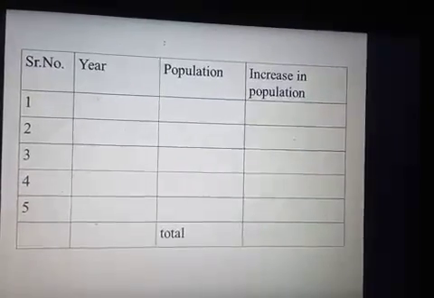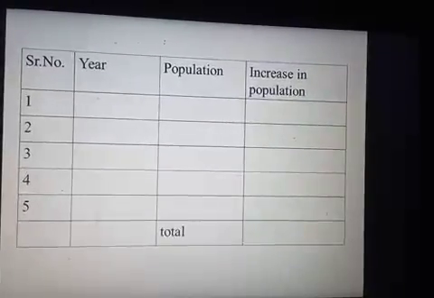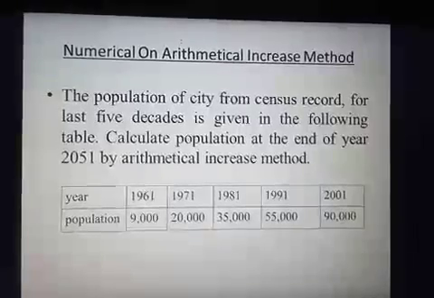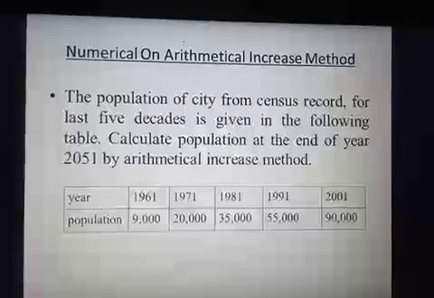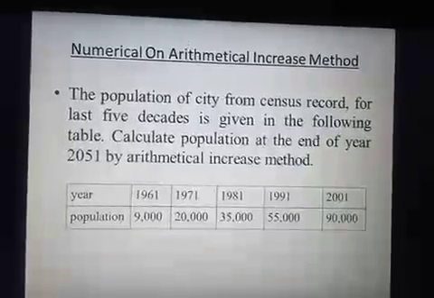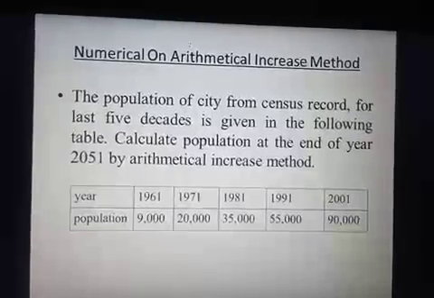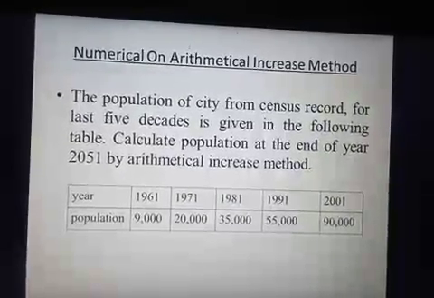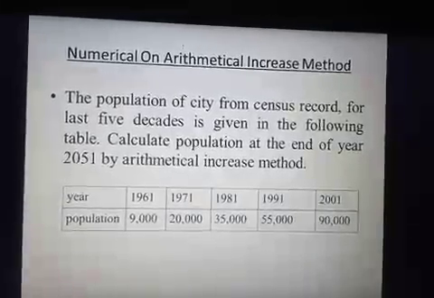Now, in the year column, write down the years given in the numerical. The years are given from 1961 up to 2001, and the respective populations are given below. Write this data in the standard table.